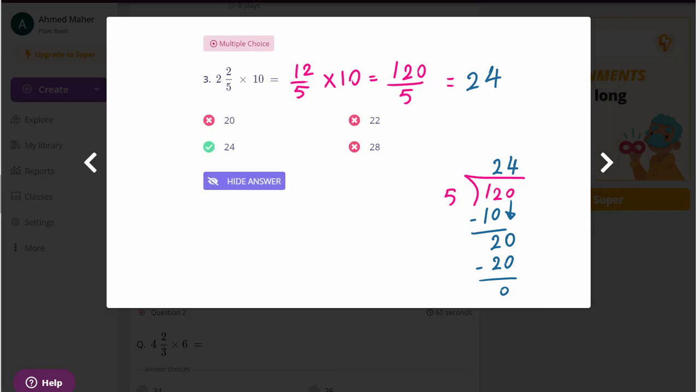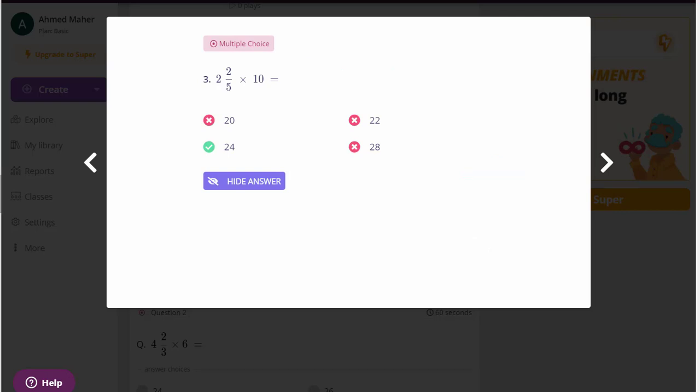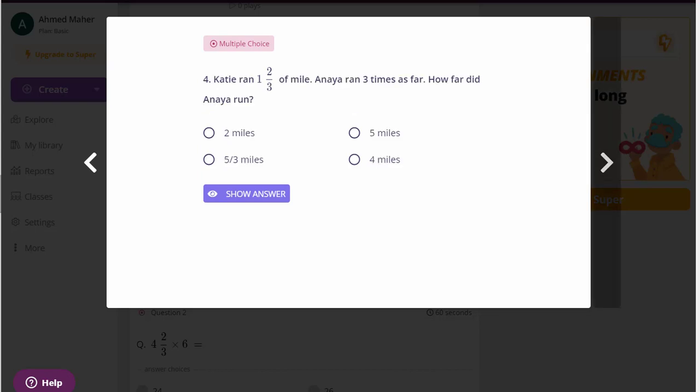Okay, my heroes, let's move to the next one. Muhammad Yahya. Yes, teacher. Go ahead. You ran 1 and 2/3 of a mile, and Anya ran 3 times as far.